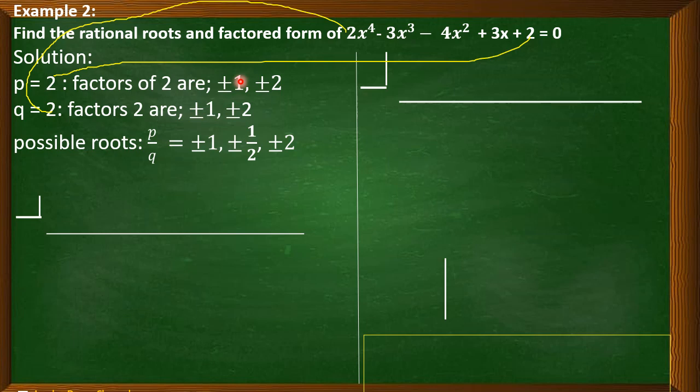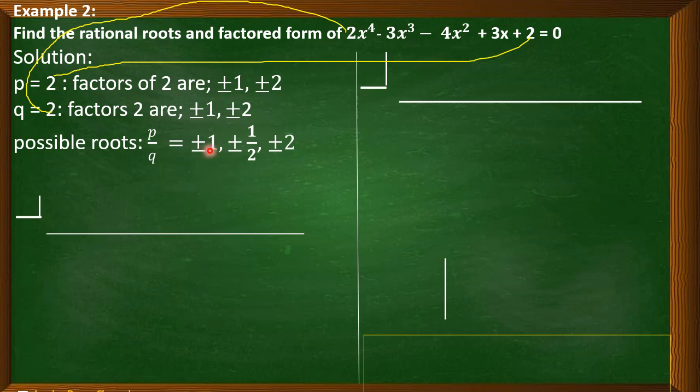So plus minus 1 divided by plus minus 1 is equal to plus minus 1. Then plus minus 1 divided by plus minus 2 is equal to plus minus 1/2. Then plus minus 2 divided by plus minus 1 is plus minus 2. And lastly, 2 divided by 2, so we already have 1 here, so no need to write it twice.